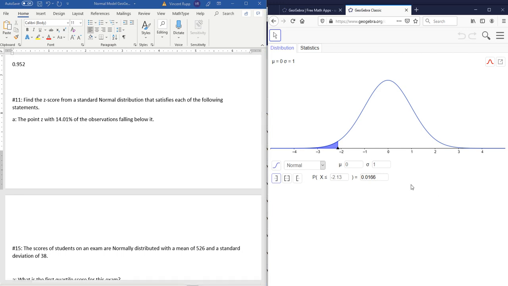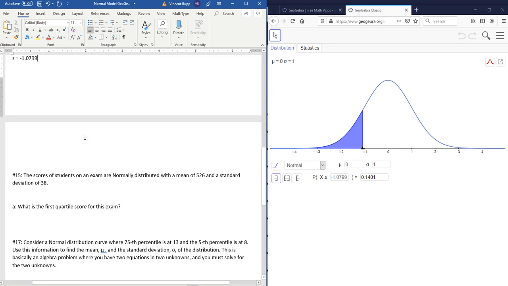And the 14.01% is something you would enter in this box, because that's the percentage box, and it wants you to find the Z-score. So it doesn't say Z here, it says X. It's not the best program. But you can see here, 14.01% is the lower tail area that corresponds to negative 1.0799. You might round that to negative 1.08 for WebWorK, but it usually doesn't matter too much.